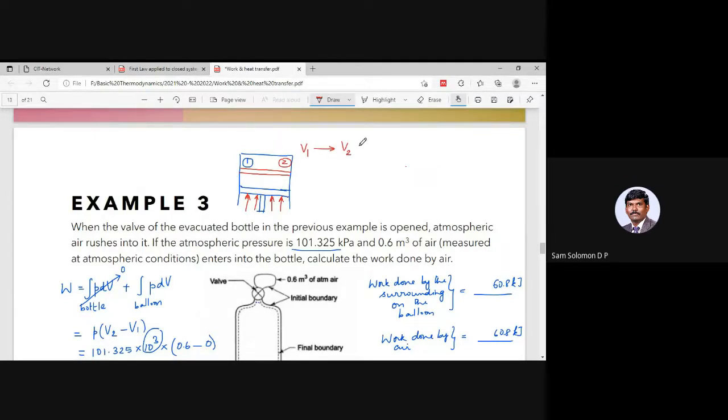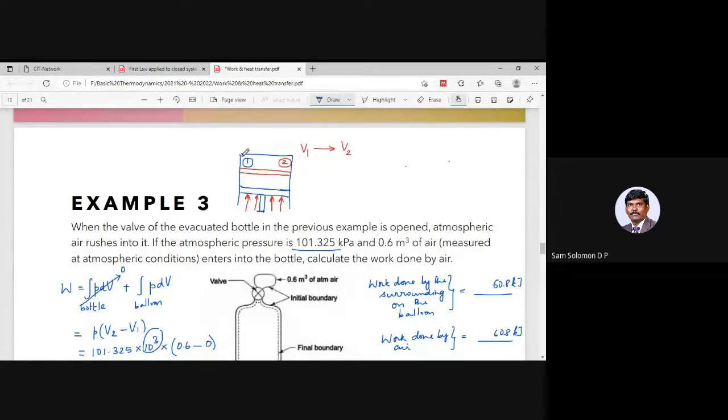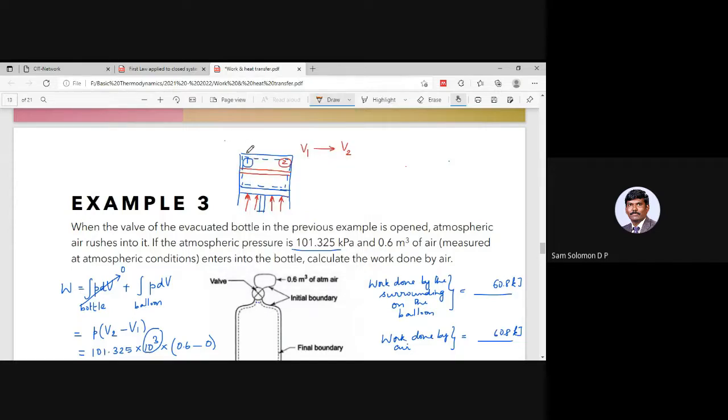Okay, so when there is a reduction in volume, I'll show you with the help of the boundary. This was the boundary before compression, and then this part of the boundary has been reduced.